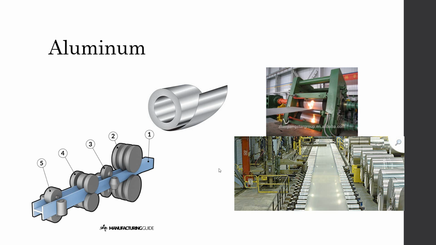And then we have number 3, that doesn't have a specific shape, it's just to make the sheet straight, alright? Number 4 has 2 holes, but is more to bend the metal sheet, and number 5 is again just to straighten the aluminum sheet.